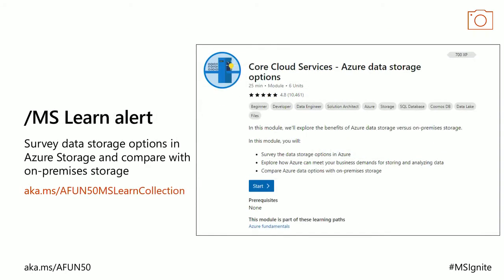There's also a Learn module. There's an entire collection that we put together just around the core cloud services. So if you want to do something like internal personal training that's not a full-blown certification, the MS Learn stuff is great to dig into something fairly deeply to figure out how it works and what it is that you can do with it. So both of those are available for you.